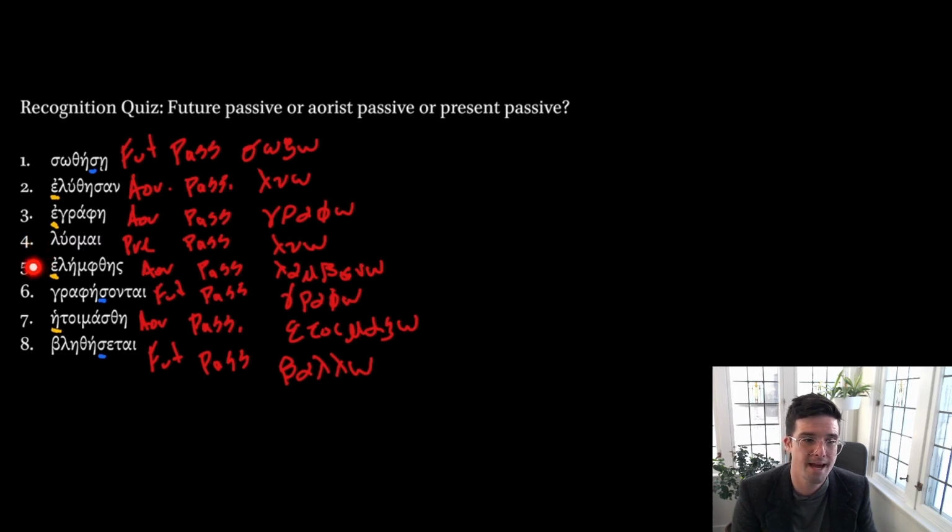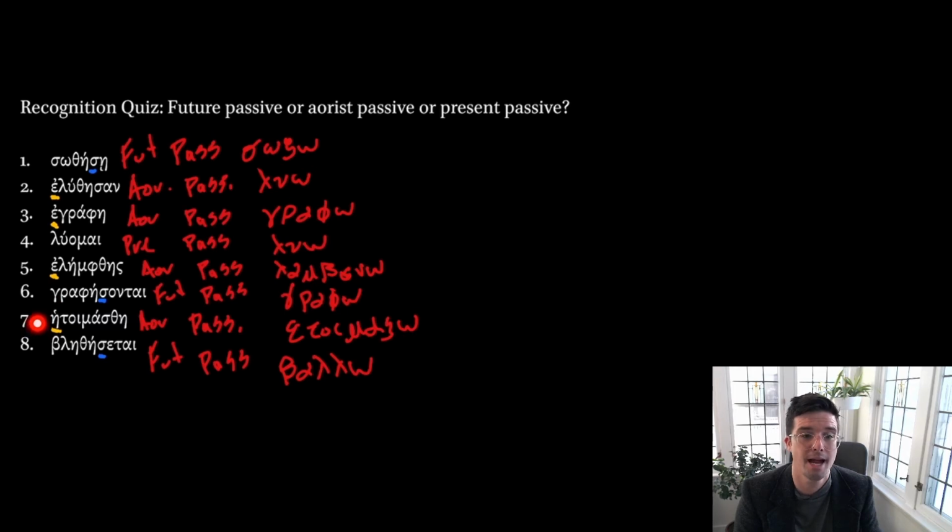Elemphthe, this one might have been a little bit difficult for you because this form looks so weird. It's from lambano. This is a second aorist passive from lambano, but the epsilon here should have let you know that we have an augment, we have past tense, so that we have an aorist. Graphesontai, we have from grapho with the sigma added, a second future here, but the sigma lets us know that we're in future time.